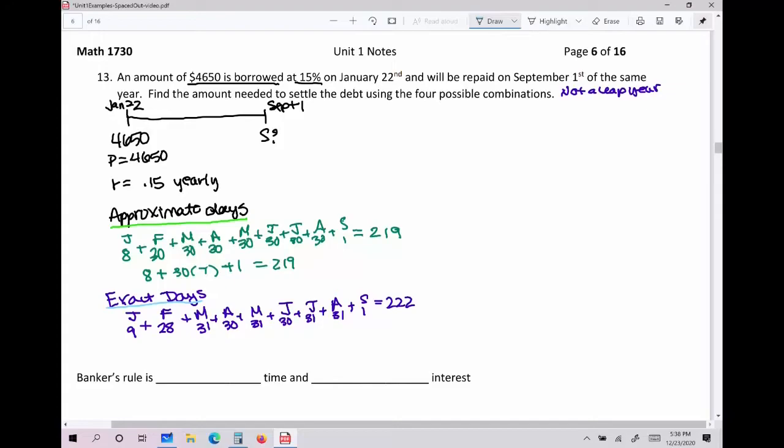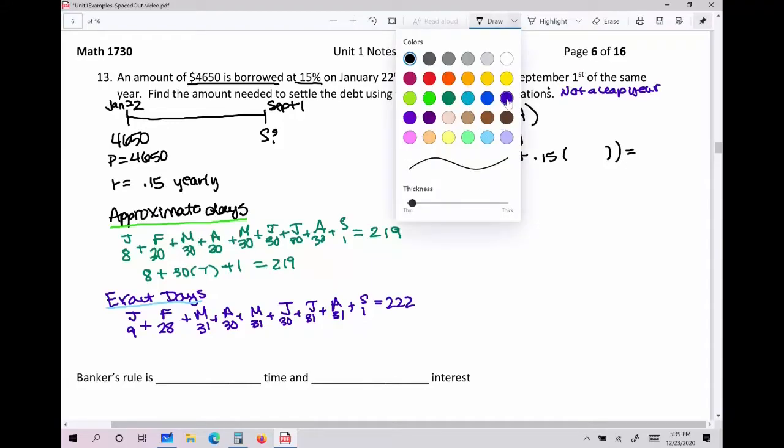Alright, so again, to find S, we're going to use S equals P times 1 plus RT. Now we know R is 0.15 and we know P is $4,650. Okay, so again, the T is the thing that's going to change here. So let's do all 4. So let's do exact, ordinary. Okay, so that means that S would be 4650 times 1 plus 0.15, and then RT here, if we're doing exact we did in blue.